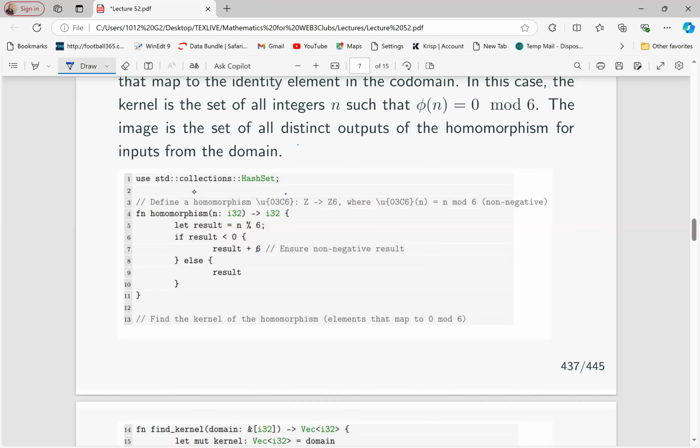For example, n can be negative 18. What is the result? Because negative 18 is less than 0, we add 6 and get negative 12, which is still less than 0. Add another 6 and get negative 6, still less than 0. Add another 6 and get 0. So 0 becomes the result.